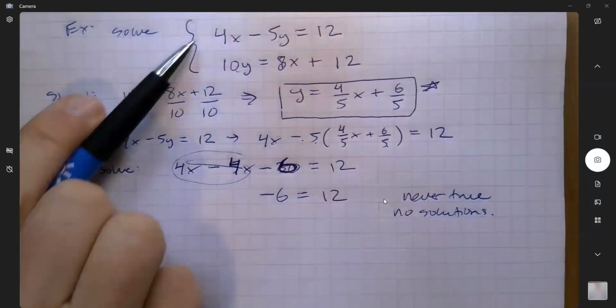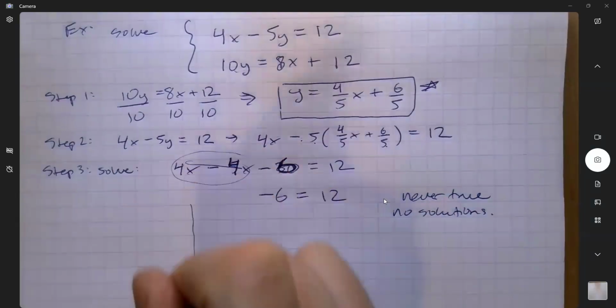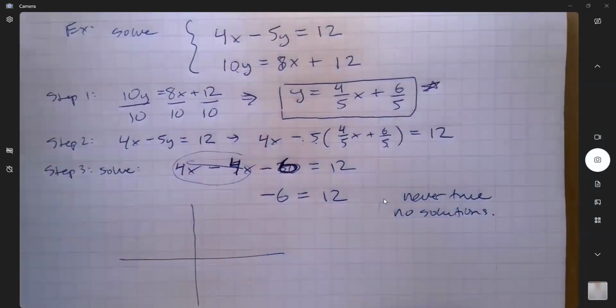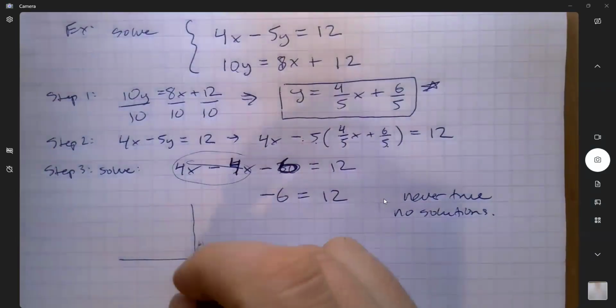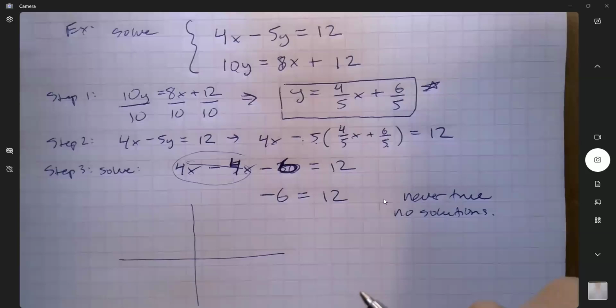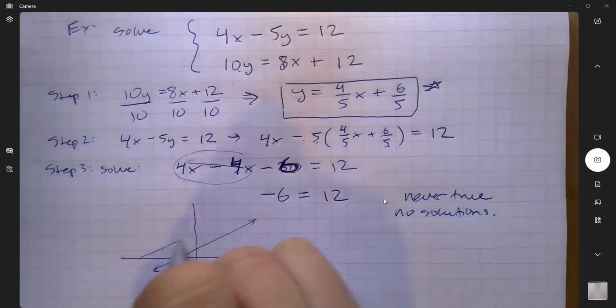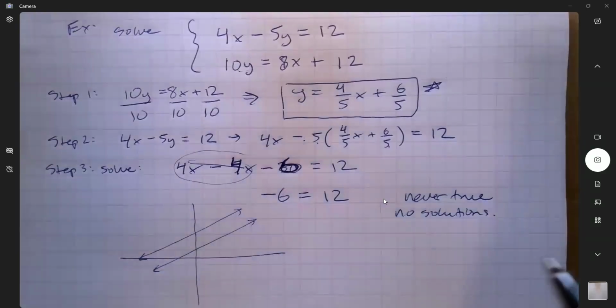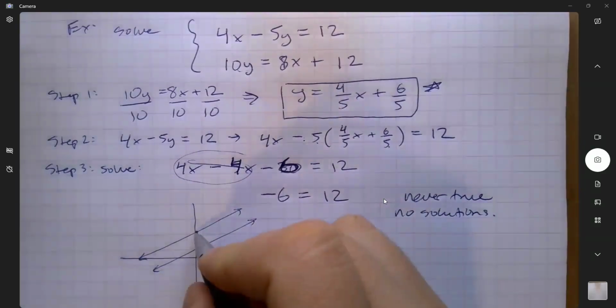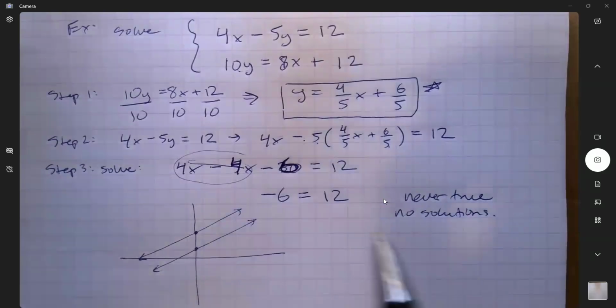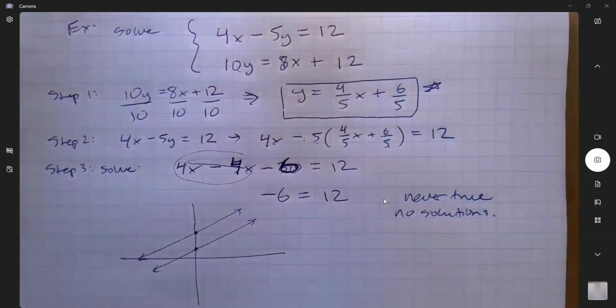And if you were to put both of these equations into a graphing calculator, into Desmos, you would see that they look something like this. They are parallel, they have the same slope but different y-intercepts, and therefore there are no solutions.